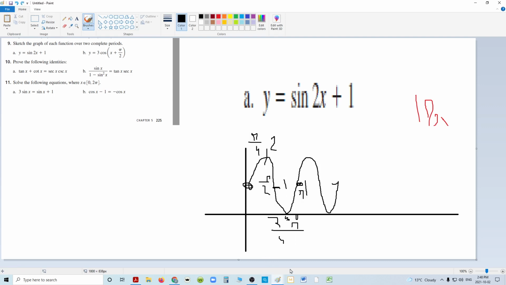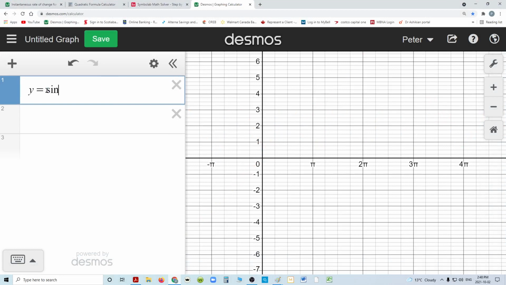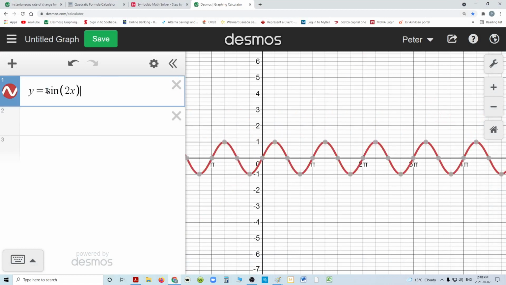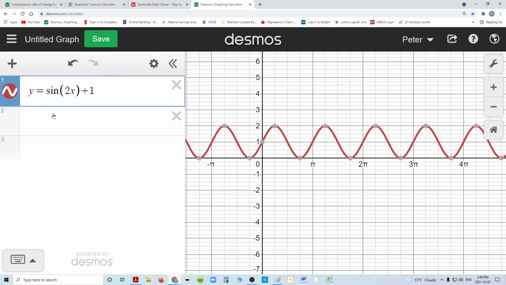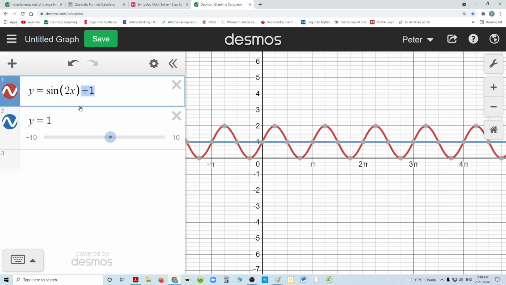Let me show you that on a graph because Desmos will make it a lot more clear for you. Sine of 2x plus 1. And I'm just going to put the new axis there. The new axis is always how much it's elevated. And you can see there's the points I was talking about.